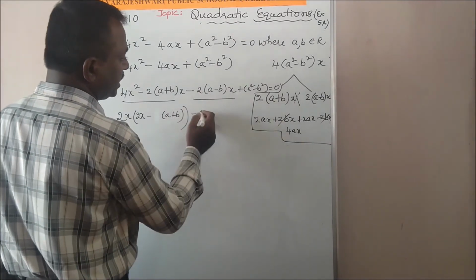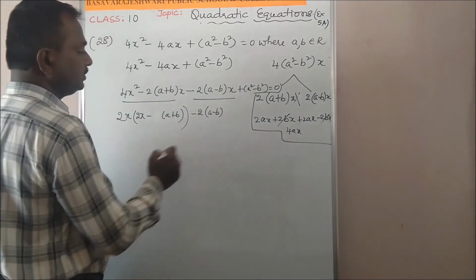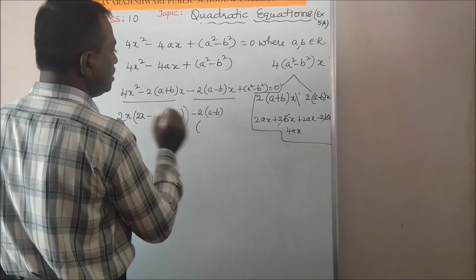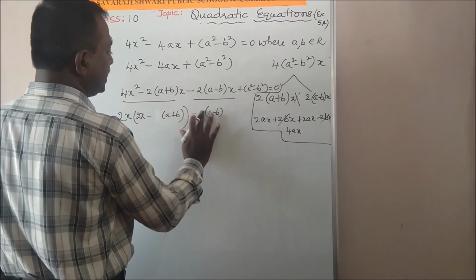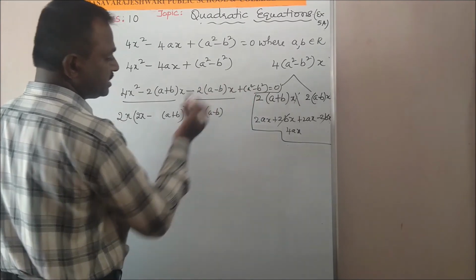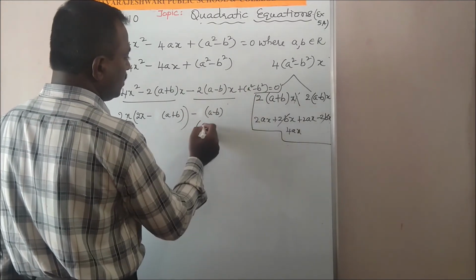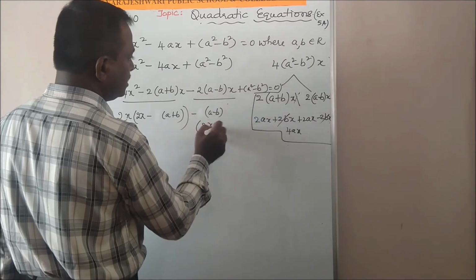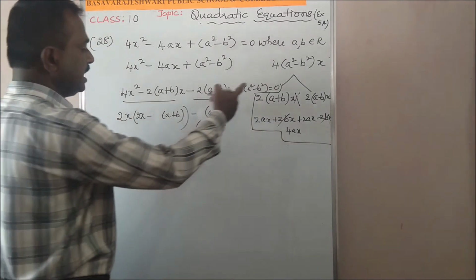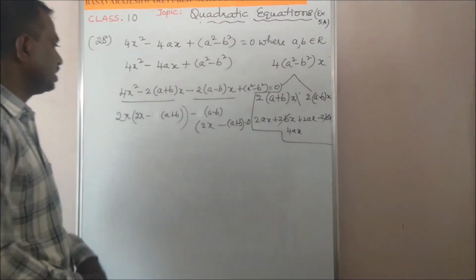Minus, here what is common? 2 into a minus b common. So what remains? 2 no, only a minus b common. So 2 will not be common, because it contains also a plus b into a minus b. Therefore, a minus b common. What remains here? 2x minus, here only a plus b remains, is equal to 0. Understood now?